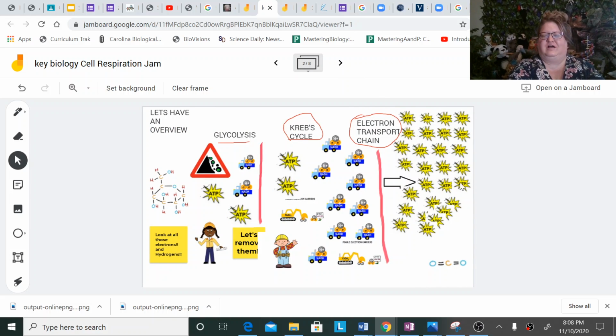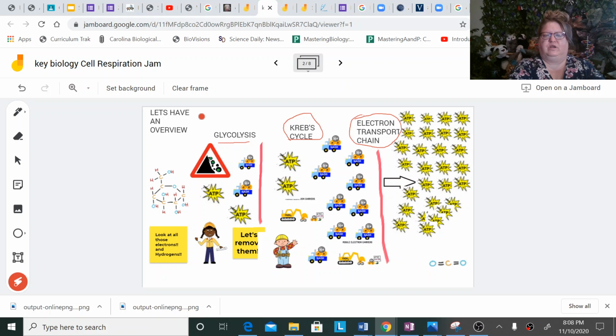I just thought it would be kind of nice to show things in a more visual way, what the goal is. So remember, let me use my little laser here. Remember the goal. Here's our glucose with all of those wonderful high energy electrons that are trapped in those bonds and hydrogens that are accompanying those high energy electrons.